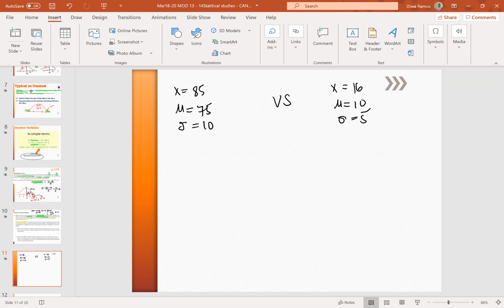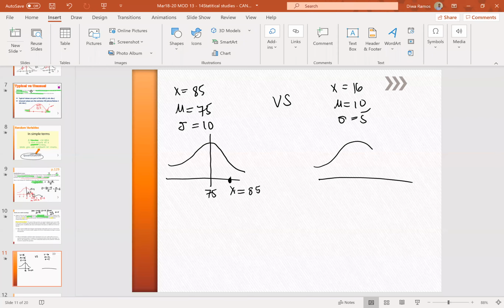Okay, so let's calculate how far the data is from their center. So the center here is 75, and the score is found there, which is 85. Now we're looking at another normal distribution here, centered at 10, and this is 6 points away. This is kind of like 16.